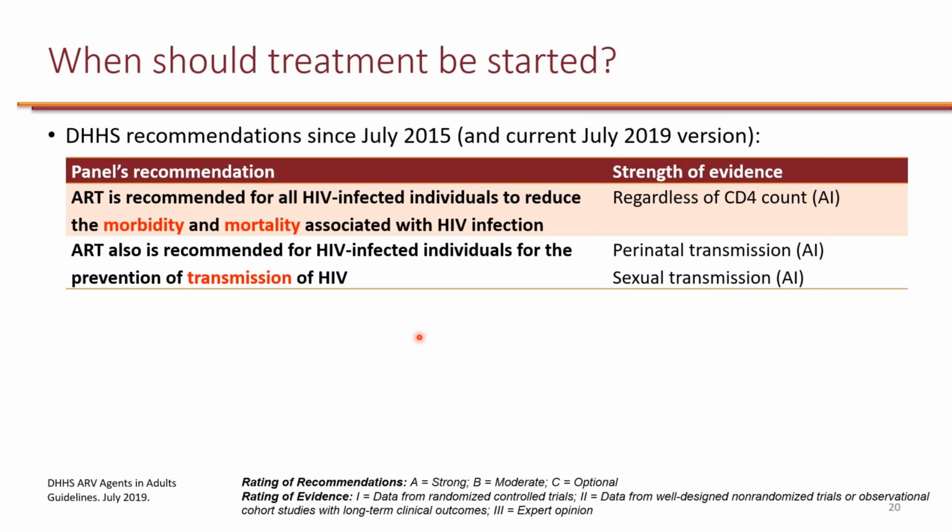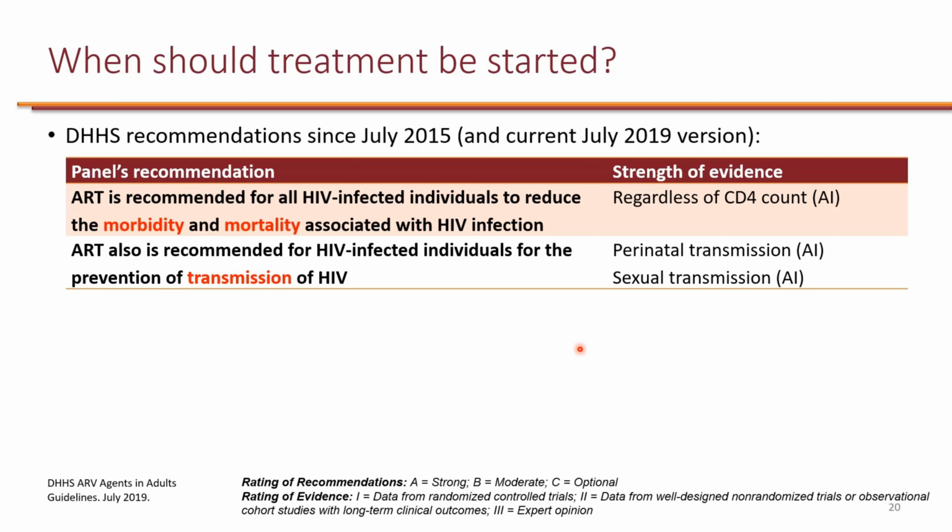So when should treatment be started in patients with HIV? Now, in the old days, the recommendation was based on the CD4 count. Patients who had a lower CD4 count were at higher risk of opportunistic infections, cancer, and of course mortality.